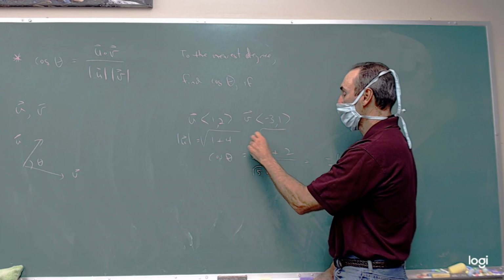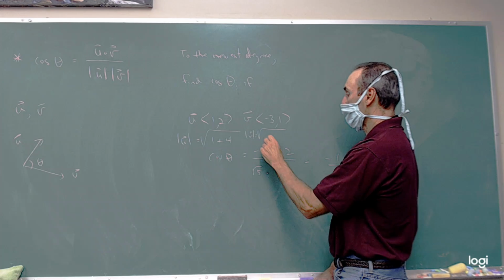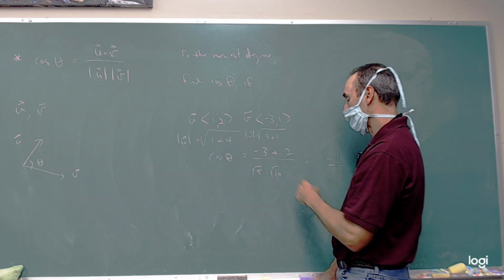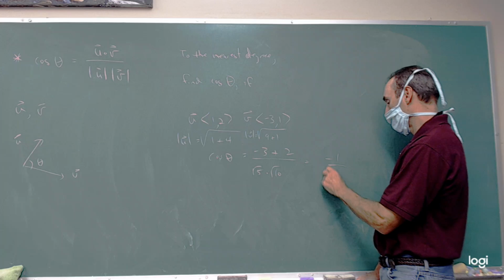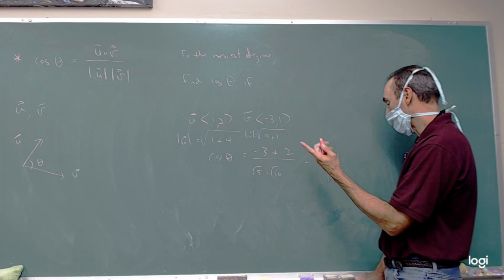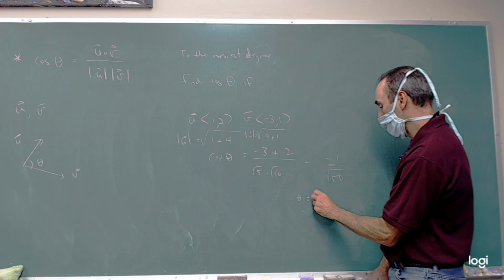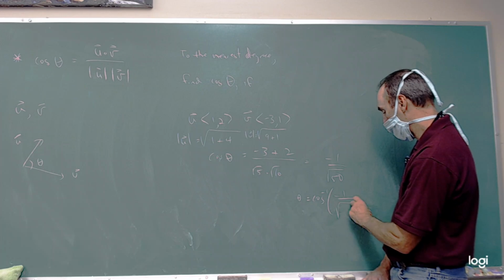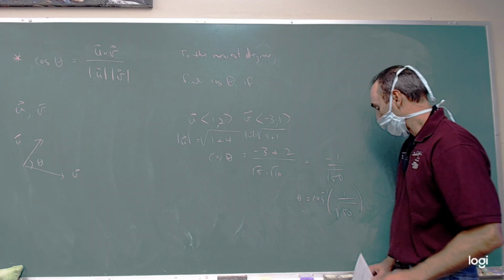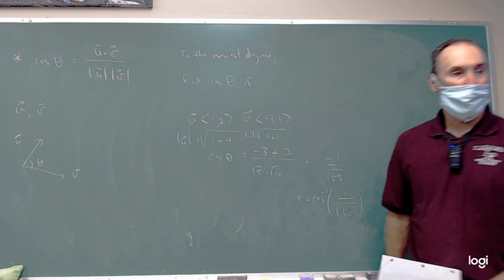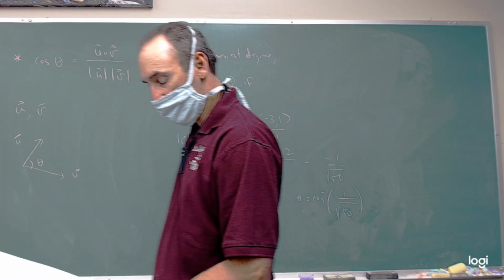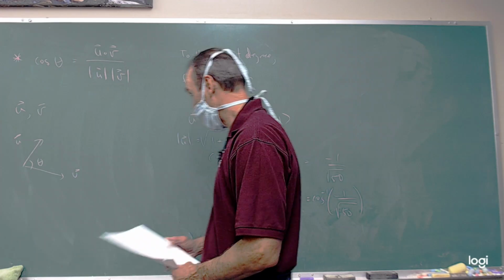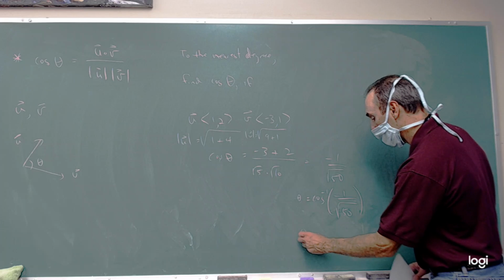And magnitude of v is going to be square root of 10. And square root of 5 times square root of 10 is square root of 50. We can simplify it, it doesn't really matter because that's the cosine of theta. So if we want that angle, we're going to have to put our calculator in degree mode and take the inverse cosine of negative 1 over square root of 50. I think, if I got that right, it's about 98 degrees.